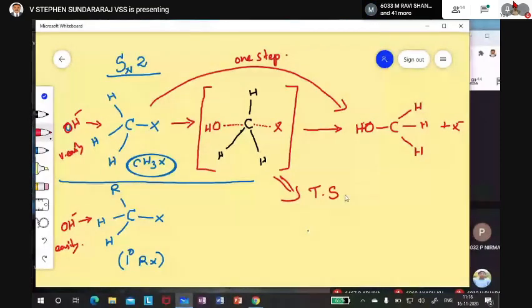That's all. After that, in one step it is taking attack and leaving. This I am just showing with imagination. It's called mechanism. No scientists have gone inside the beaker, or seen it through some microscope. It is only guessing. The reactant they know very well.